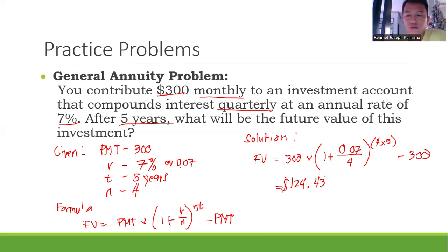So we have 124.43. That would be the future value of your investment.